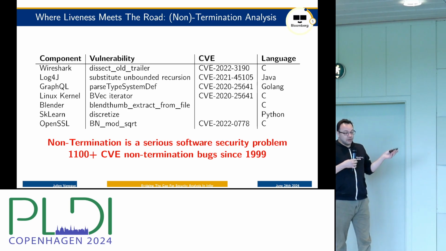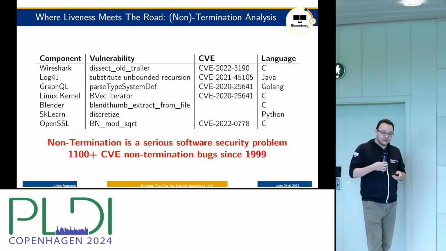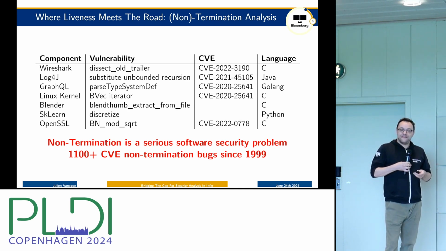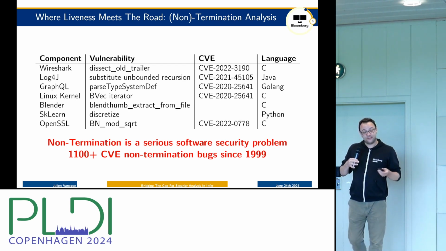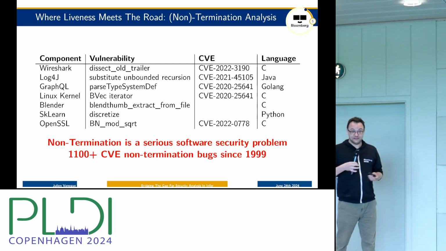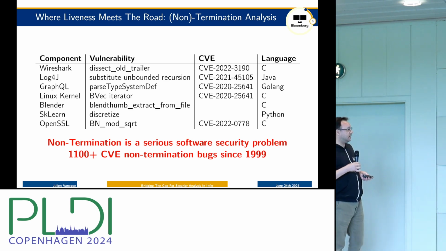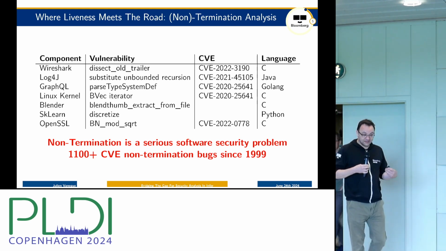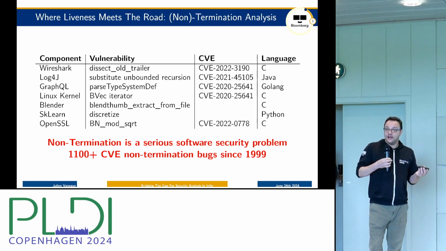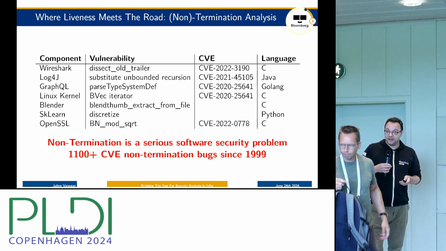And what's really interesting when you look at those non-termination bugs is that they affect all programming languages. It's C, C++, it's Java, it's Python, it's Rust, you get it. And it affects also very mainstream programs like the Linux kernel, OpenSSL. Many of them actually have had non-termination bugs in the past few years.